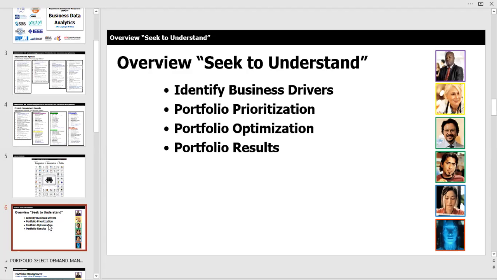Using those drivers as a weighted scoring, it enables you to prioritize the list of projects in your backlog, and then optimize those based on something known as the efficient frontier. And then hopefully you'll see results that enable you to better utilize your resources.